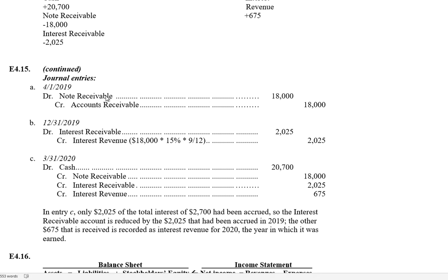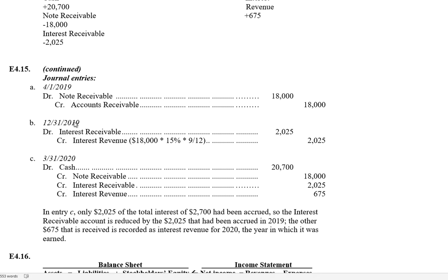But it's a formal declaration that we now have received a note, and that means we review that note receivable account at the end of every accounting period. If you'll notice here in B, this is the end of the accounting period, and we have some interest revenue that we need to record.